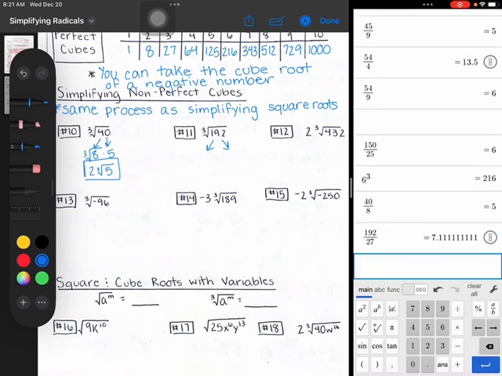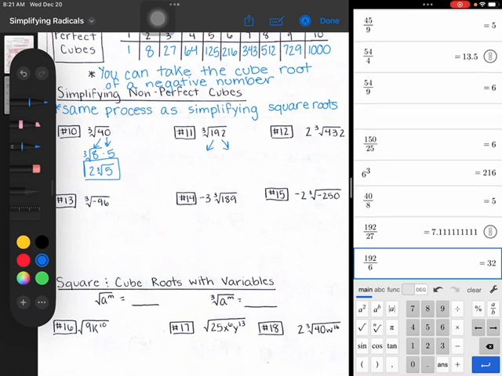Then we'll try 64. 192 divided by 64 would be 3. So perfect. Let's go ahead and break that one up. We have 64 and 3. Take the cube root of 64, and the cube root of 3.